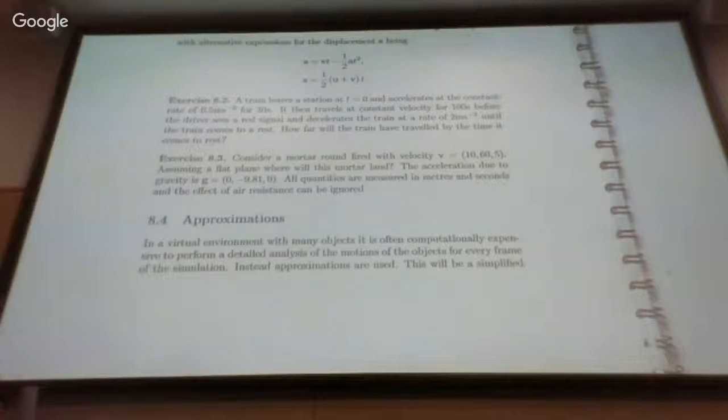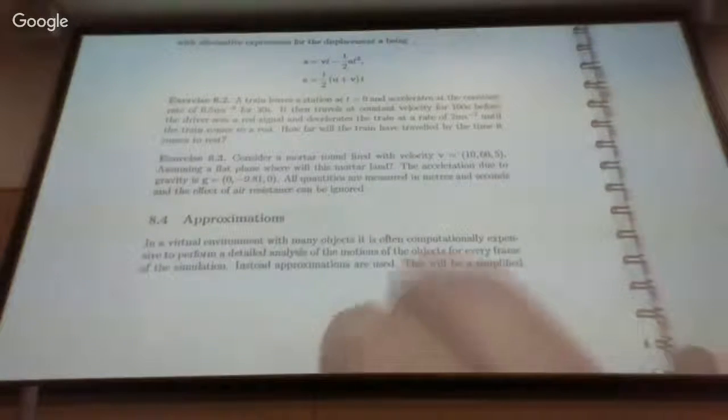So we want to consider what kind of approximations we can use to track this kind of motion. And the computer could be simulating the motion of many objects in the environment, hundreds, thousands of objects. So it's going to have to do these calculations pretty quickly.